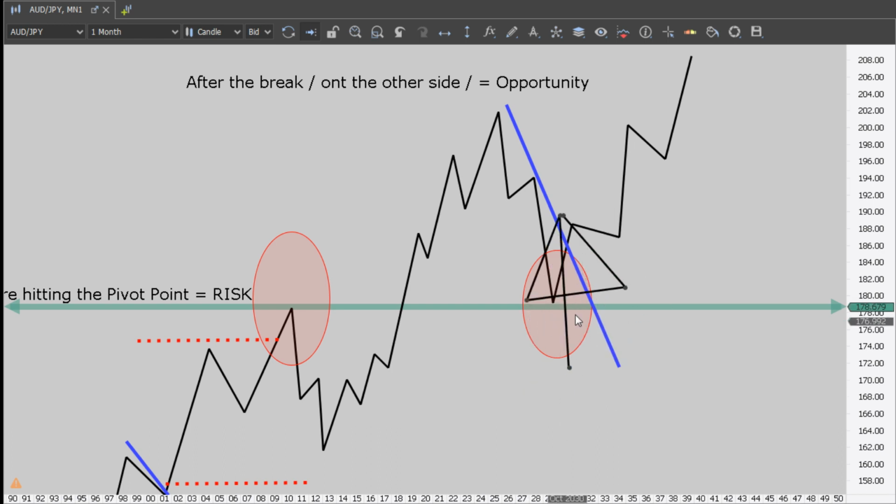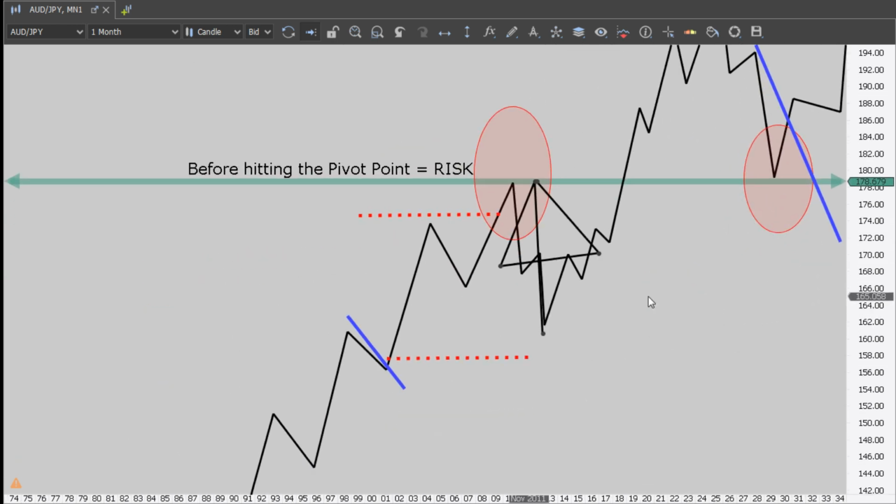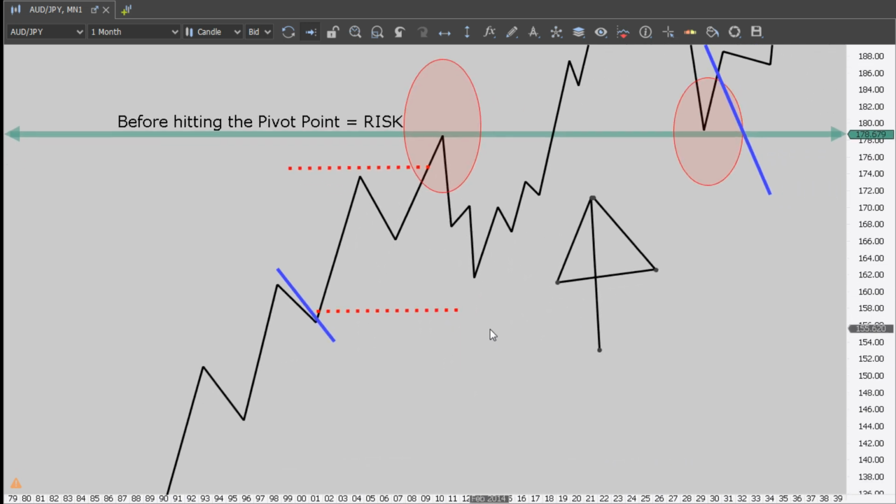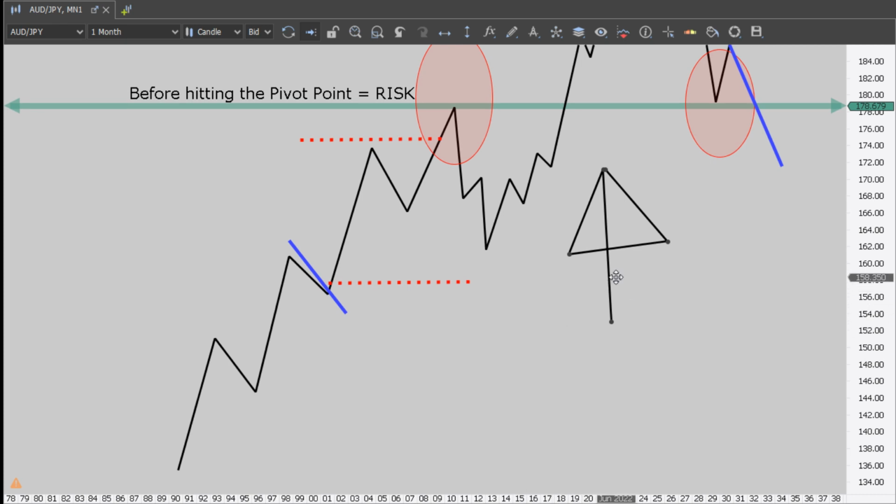But this one is not that problematic, everybody. This is where beginner traders have problems, because maybe you don't have a pivot point, or maybe you don't see a pivot point. You are just seeing what you want to see. So this is problematic, and here we are going to lose our money, or maybe part of our winner is going to become a loser.